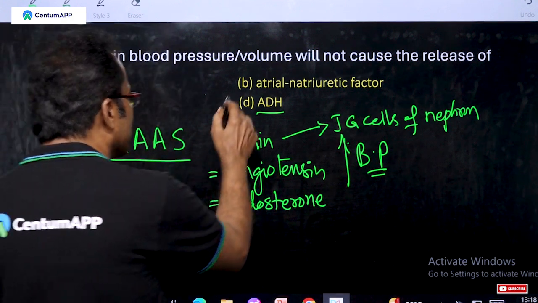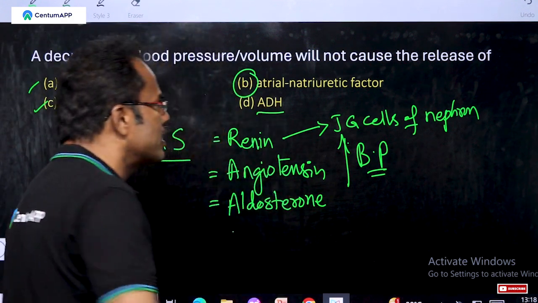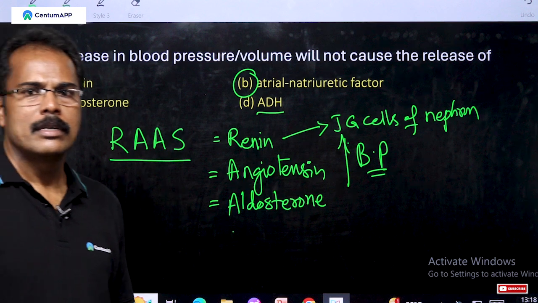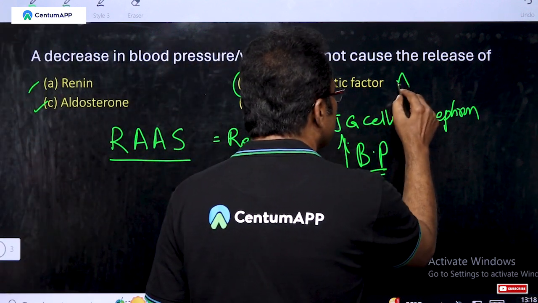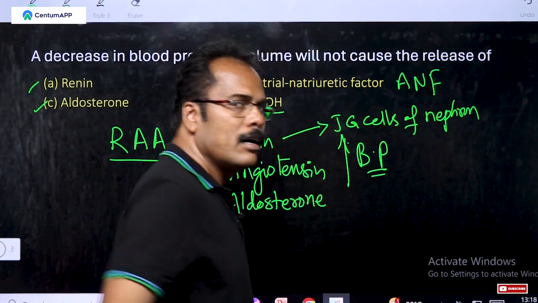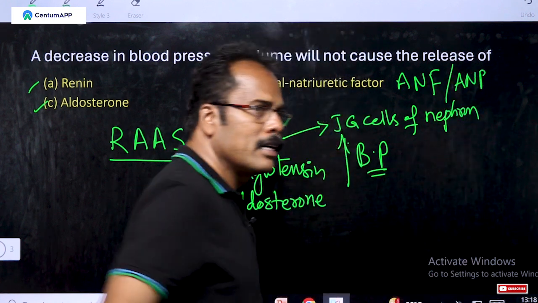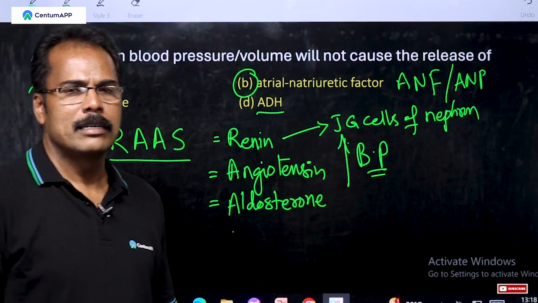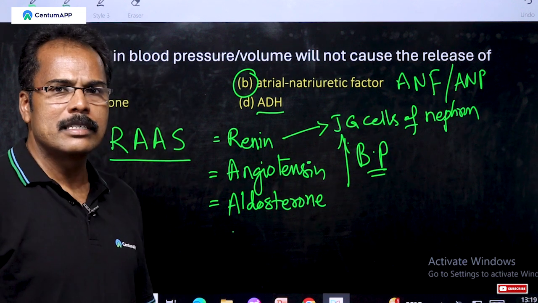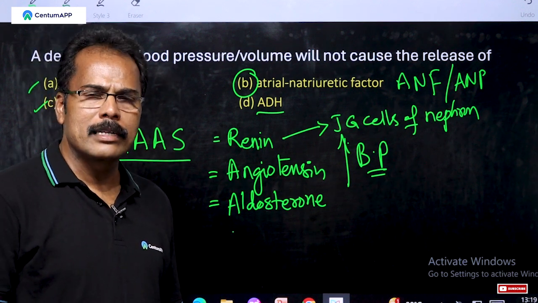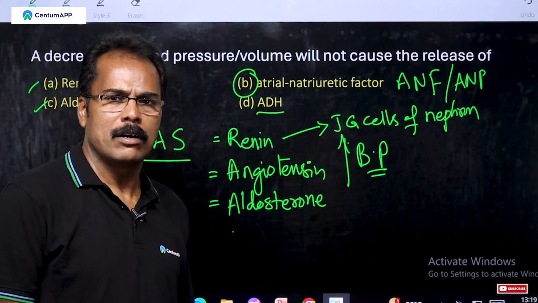Next, B, atrial natriuretic factor, is also called ANF or ANP. Atrial natriuretic factor or peptide is released by the atrial walls of the heart.